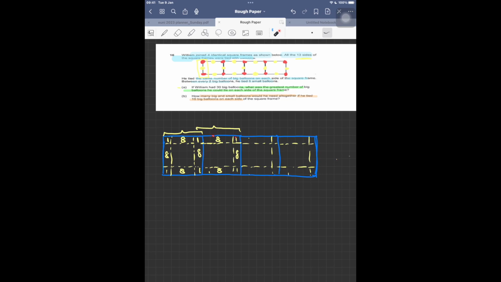Here will be 8 and then here will be 1. This balloon here will be shared between these 2 boxes, okay? So here is 1. And then over here it will be 8. And then over here will be 1. So it continues, and this will be 8.